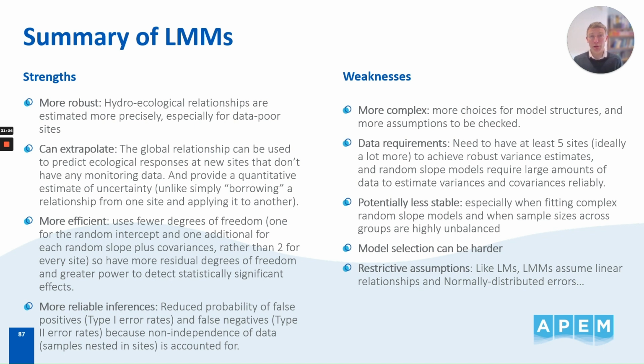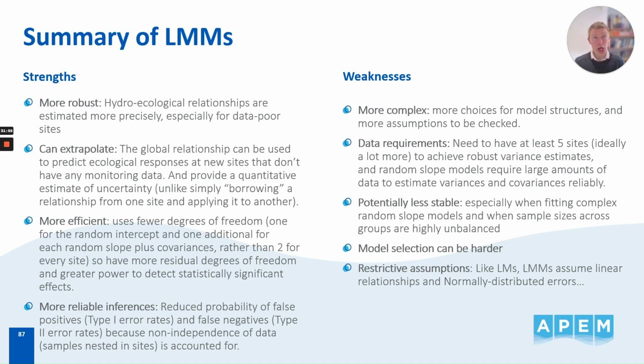And if we're borrowing a relationship and applying it to a new location, we have no way of quantifying the effect of making that assumption. However, with the linear mixed effects models, because we've quantified the variability in the relationship from one site to another, we can explicitly incorporate that into our predictions and provide a more quantitative measure of how confident we are at making predictions for new locations.